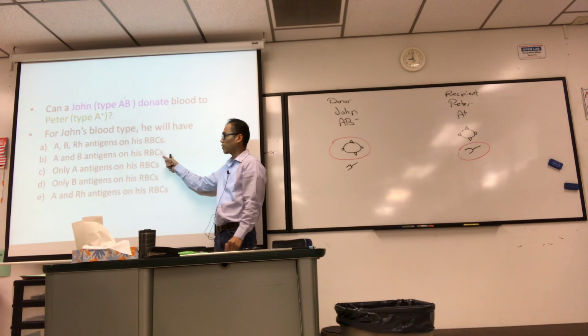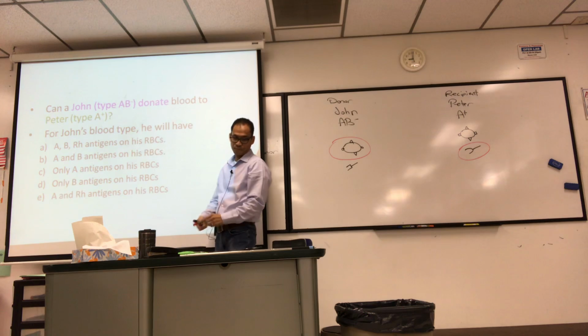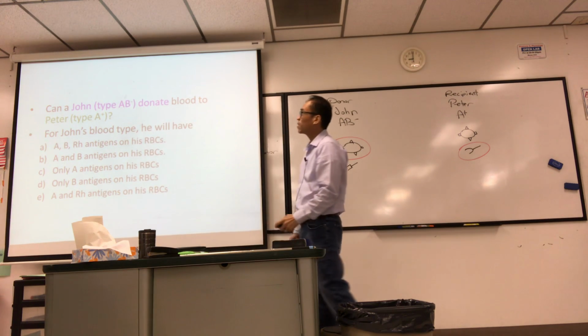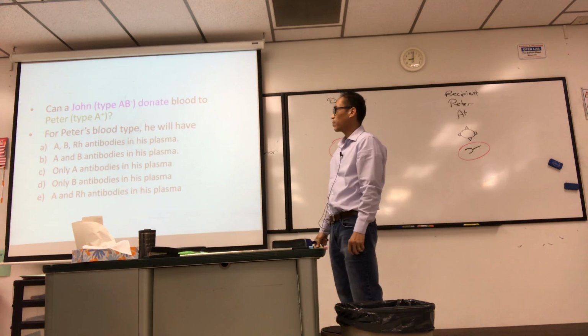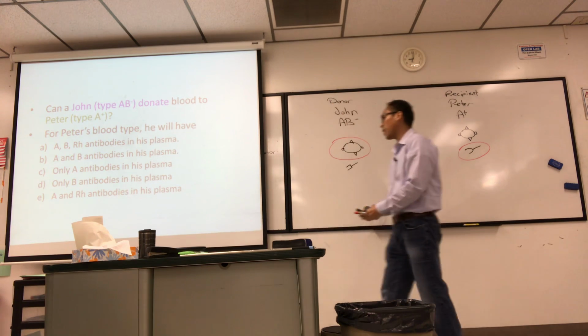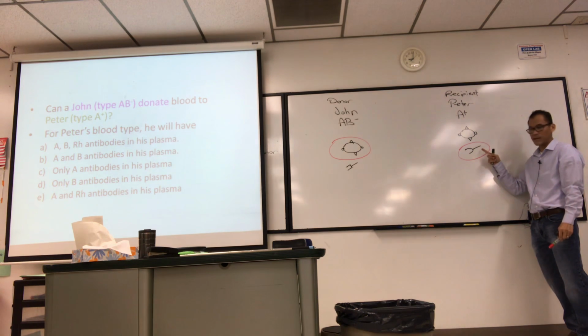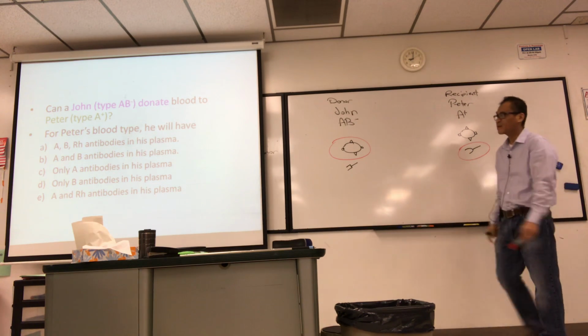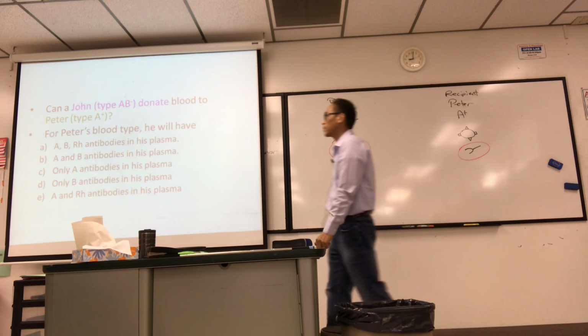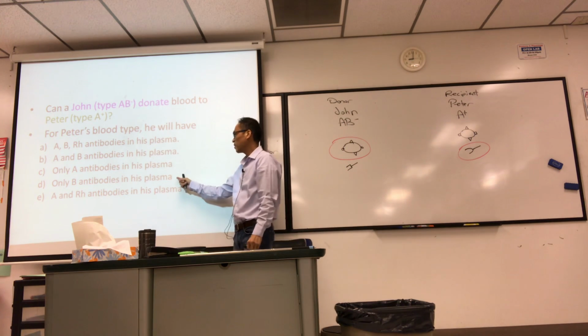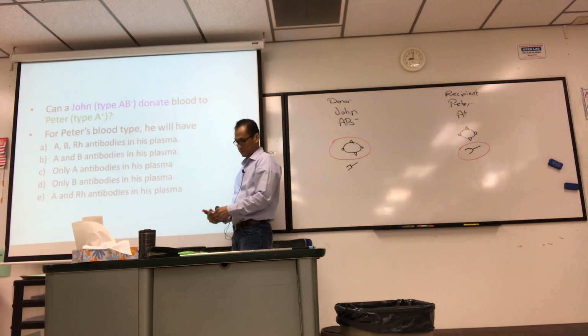So choice B is correct in this list of choices. For Peter's blood type, what we need to consider are the antibodies in his plasma. And we determined he's just going to have the antibody against B. So choice D on this list of choices.